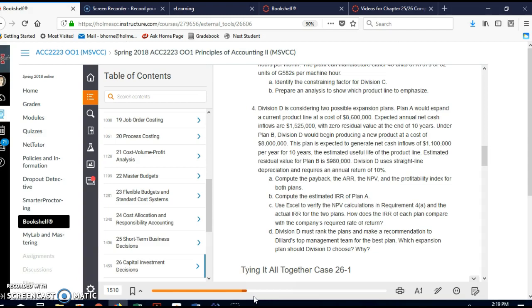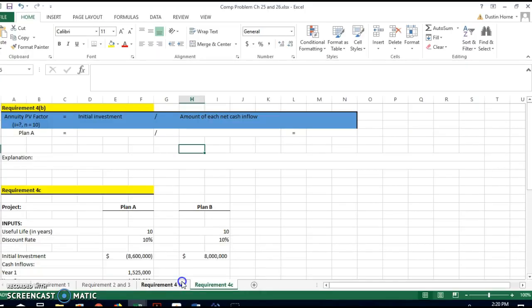We know that the initial investment equals the amount of cash inflow, which is $1,525,000 times the annuity present value factor. We know that N is 10, but we do not know what the internal rate of return is. So we're going to have to work this one backwards.